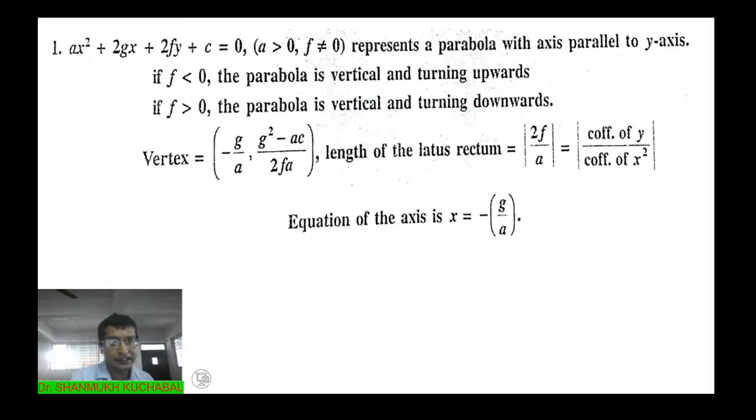Then its vertex is given by the formula: the x coordinate is minus g divided by a, and the y coordinate is g square minus ac divided by 2fa.